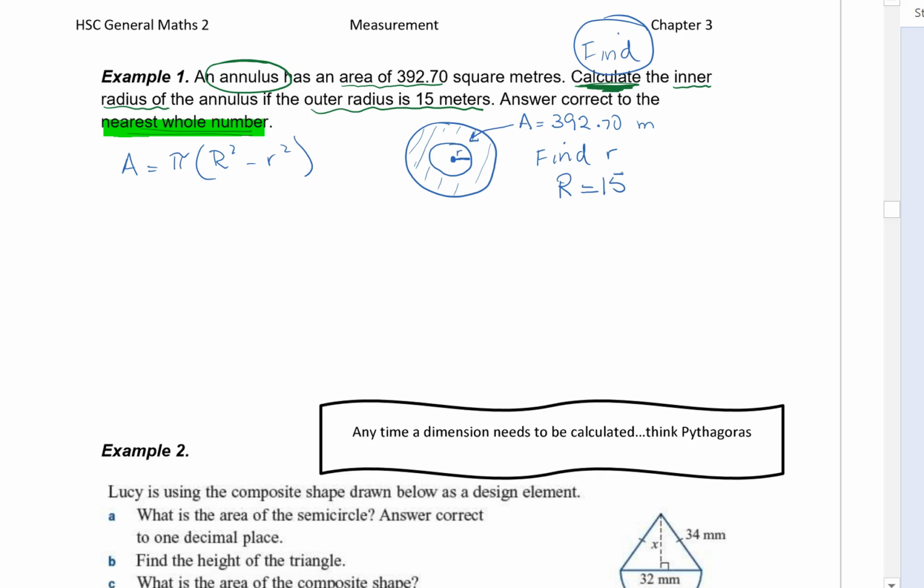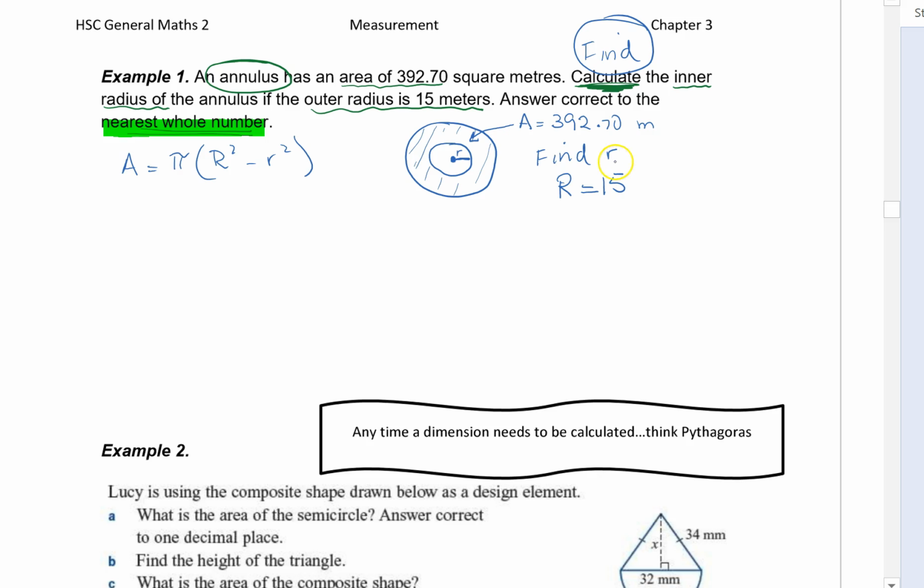Now, this is all looking good because I know that in a formula where we've got 3 possible unknowns, and pi is not an unknown, pi is a number, I could be required to find any one of those 3 unknowns.